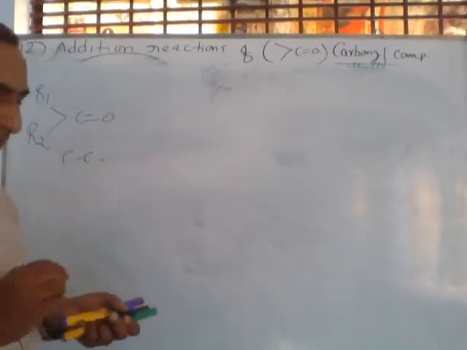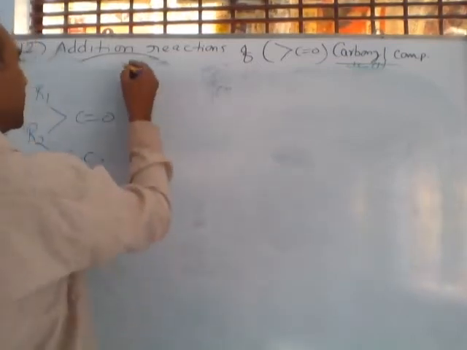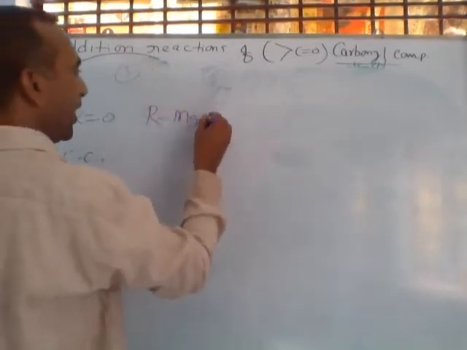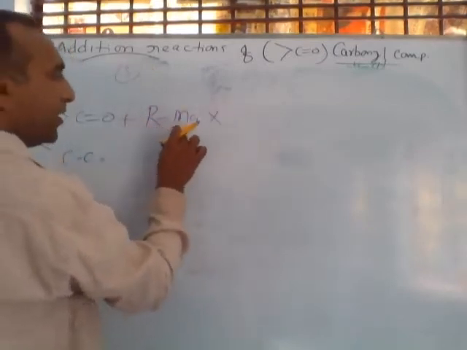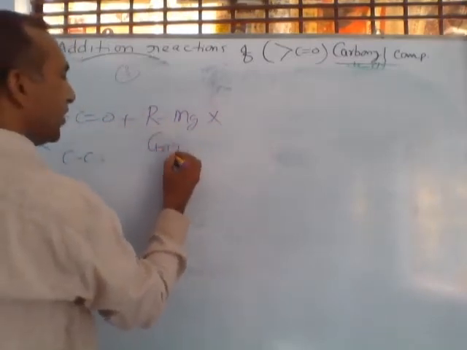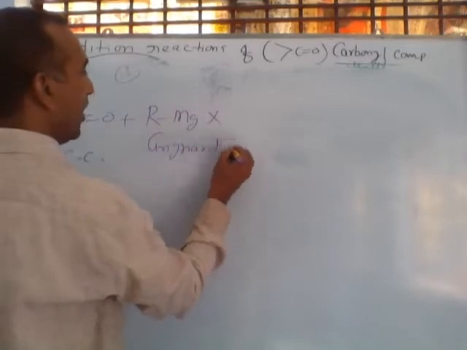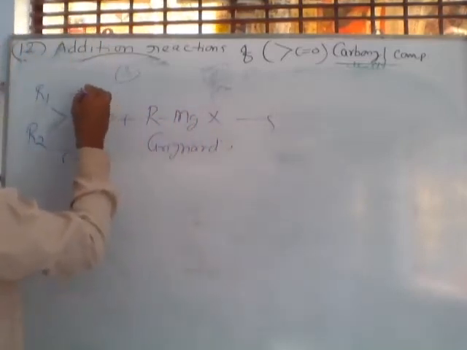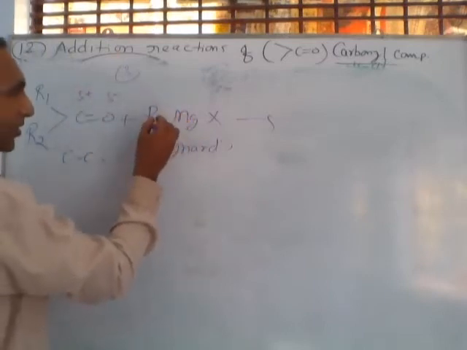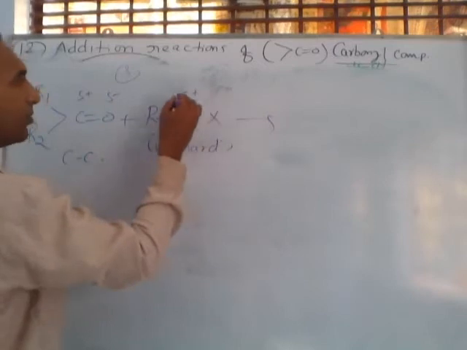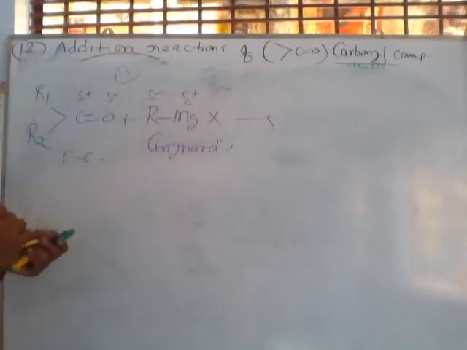This may be an aldehyde or a ketone. In the Grignard reagent, this bond has polarity: the metal is always positive, and this is negative.